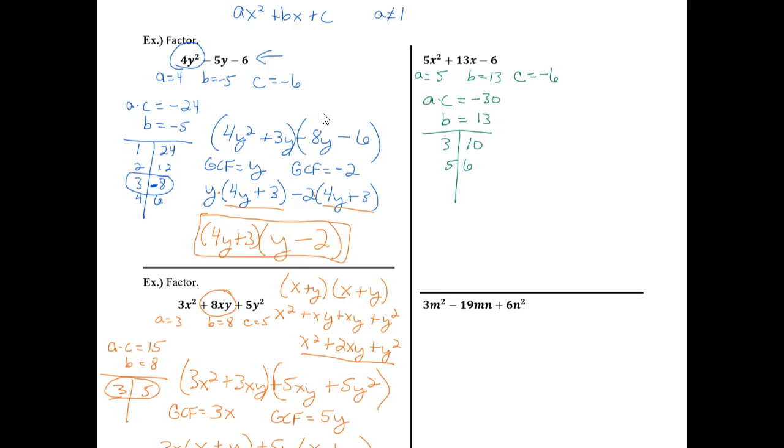I already see I look like I've got a 13 here. The problem is, yes, 3 and 10 do add up to positive 13, but I need it to multiply to negative 30. So I have 2 positives, it's not going to give me a negative. If I put a negative with the 3, now I'm adding up to positive 7. If I put the negative with the 10, I would add up to negative 7.